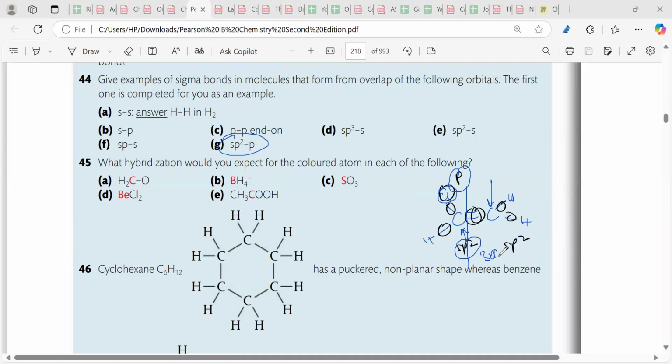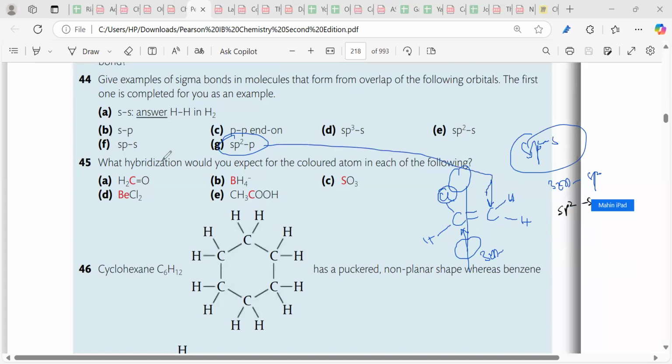Just write 3ED. That's all. sp2. Now what is this? s. It will be sp2 and s. Is it clear? Absolutely clear?